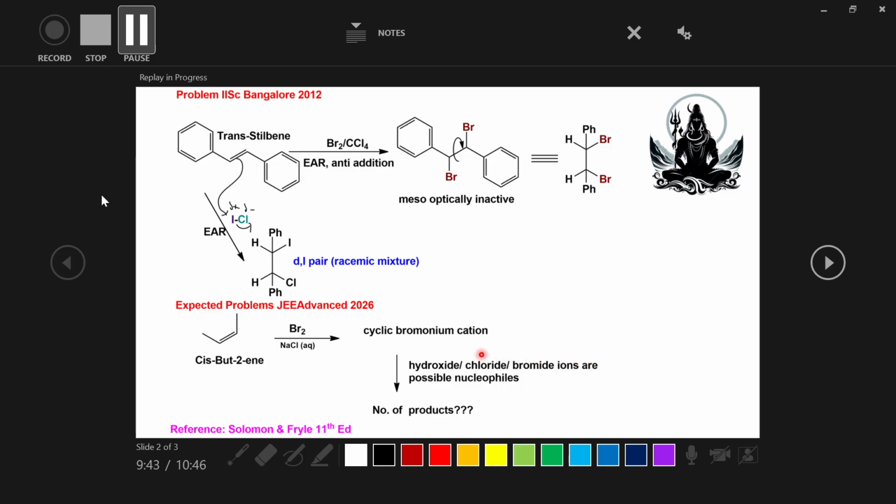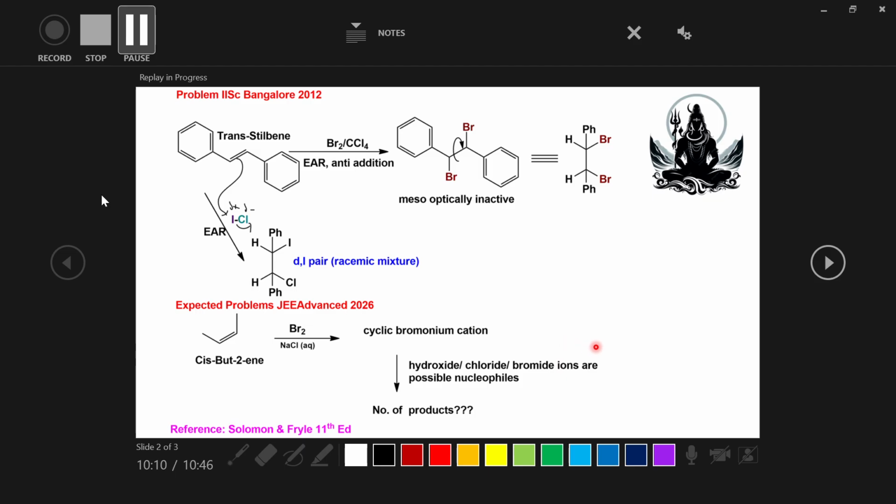You have a hydroxide, you have a chloride, you have a bromide. When the hydroxide attacks, a bromohydrin will be formed as a product. For that, we are going to have a D and L pair, so that is accounting for 2 stereoisomers. If the cyclic bromonium cation is attacked by the chloride, then also it will produce a DL pair.